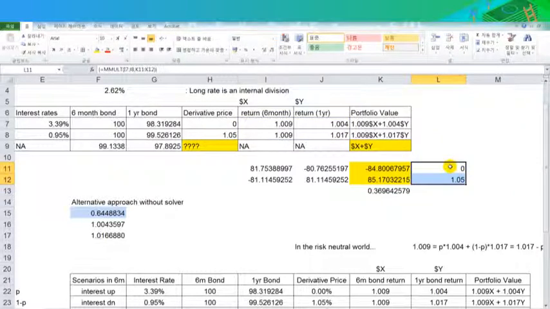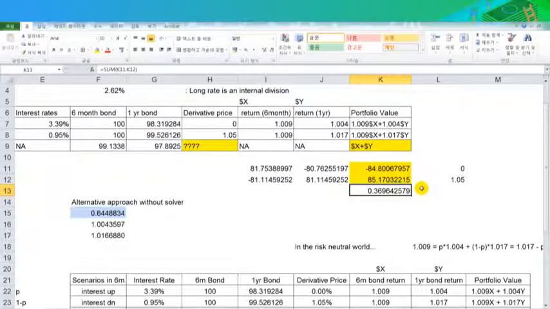So we get this number, exactly the same as this number. So by investing this amount in the 6 month bond and in the 1 year bond, you have exactly the same replication of this one and this one. Because 6 months later you have the same number in each scenario, the value of this portfolio should be exactly the same as the value of this derivative. Therefore, the value of this derivative is this one.